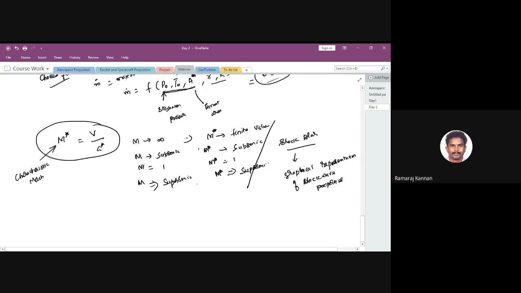But if I use the characteristic Mach number, I'm going to have a small sheet. I can put everything together and keep it with me. That's the major advantage of the characteristic Mach number.